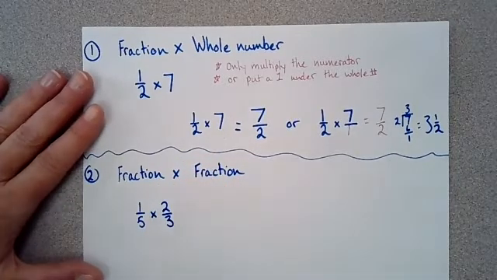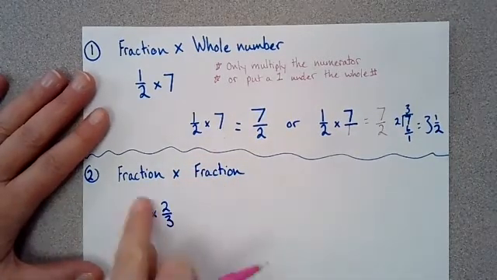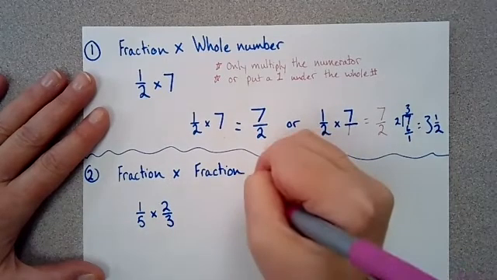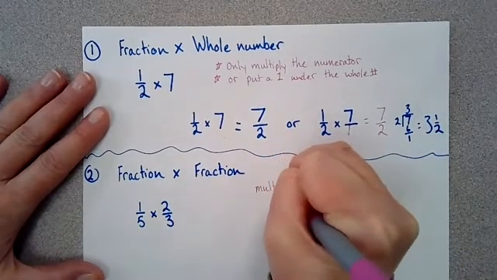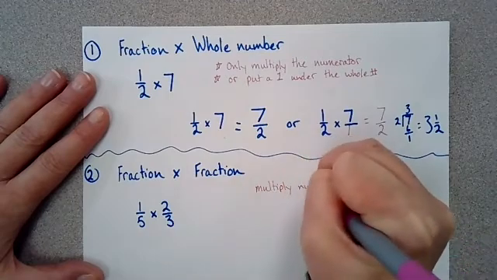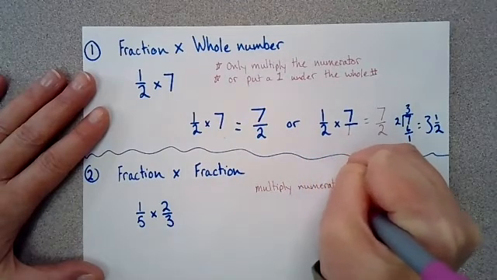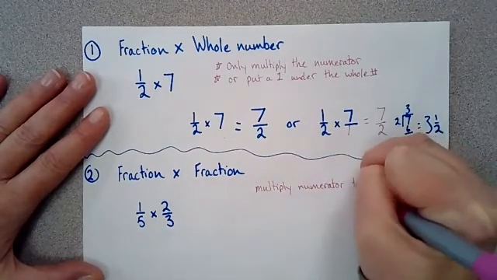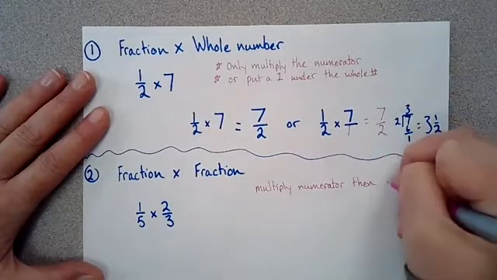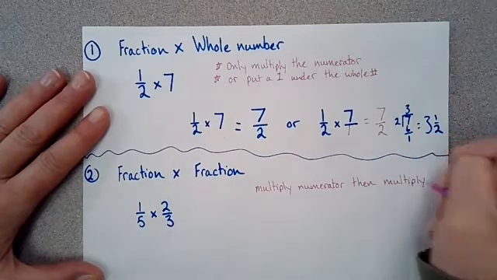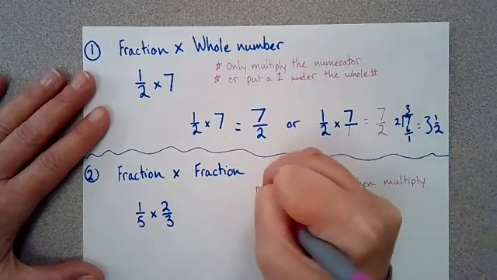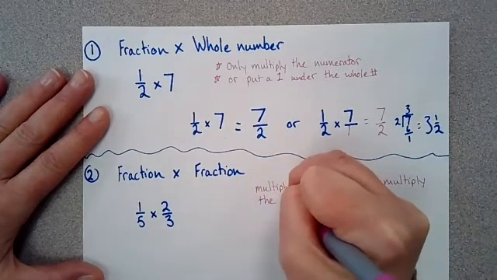Okay, all you got to do for this one is you multiply the numerator, multiply the denominator. So just write that here, multiply numerator, that's the number on the top. Then you multiply the denominator. Ms. Ross, it can't be that easy. I promise it is. Then multiply the denominator.